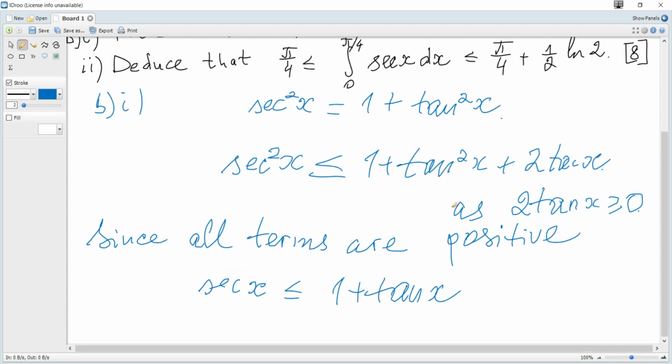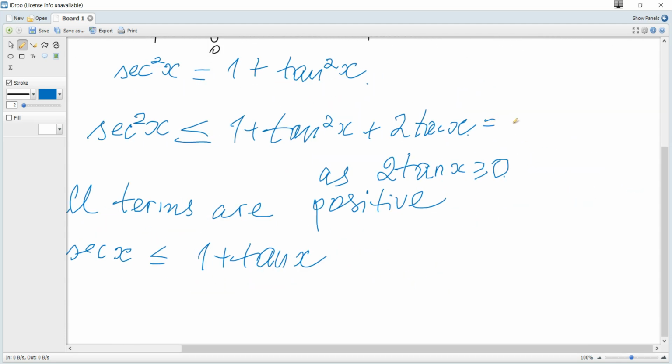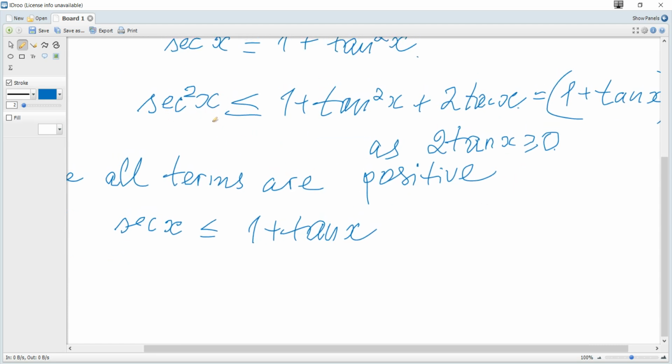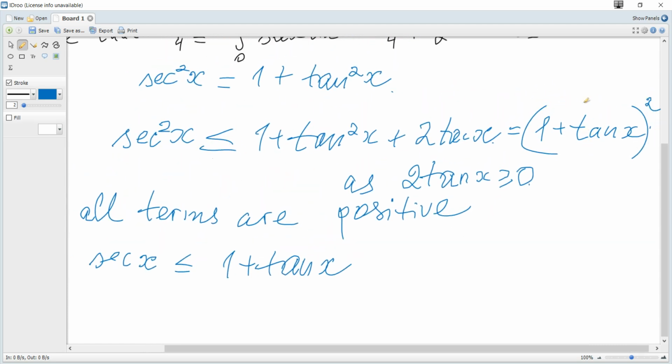But here we should also rewrite that it is equal to 1 plus tangent squared. Or rewrite as the inequality secant squared of x is less or equal than 1 plus tangent and then squared.